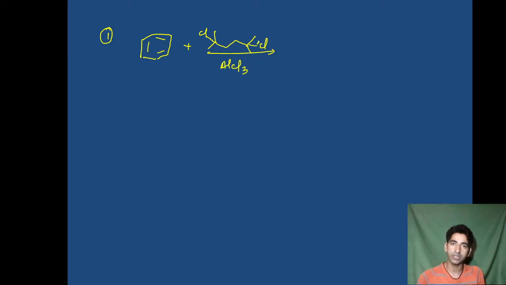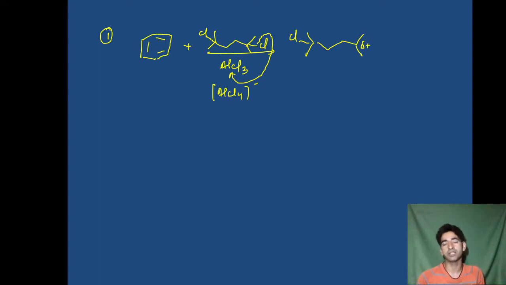So let us show it like this. This Cl minus attacks over here, so it forms AlCl4 minus. Plus I get over here this type of compound. I have Cl over here, this bond, and I have a carbocation generated over here.